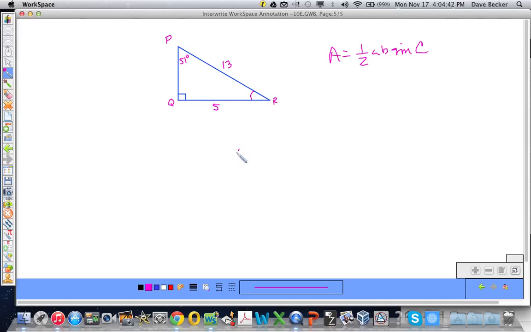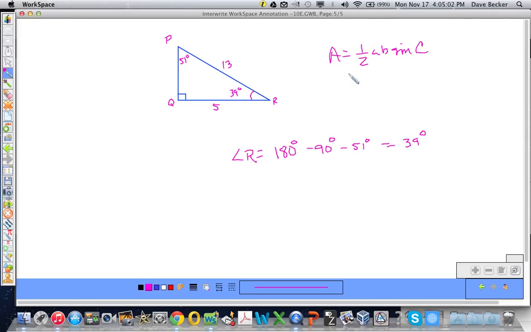So angle R is equal to 180 degrees minus 90 degrees minus 51 degrees, which is equal to 39 degrees.